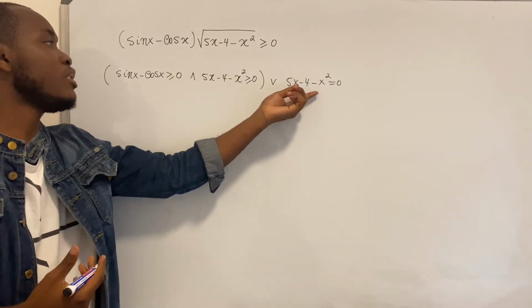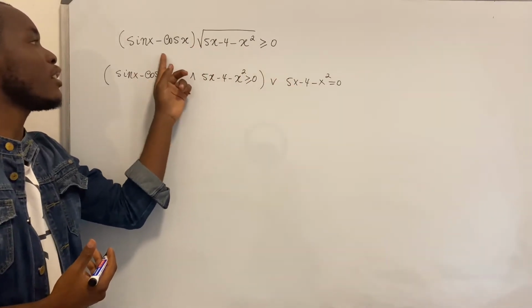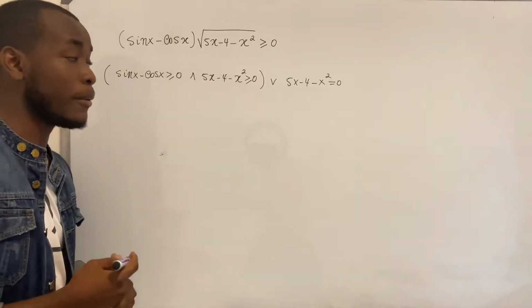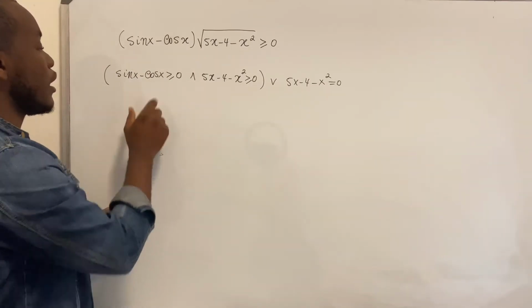Because if this is 0, 0 multiplying anything here will still be 0. So to solve it now, we have to analyze this problem first.